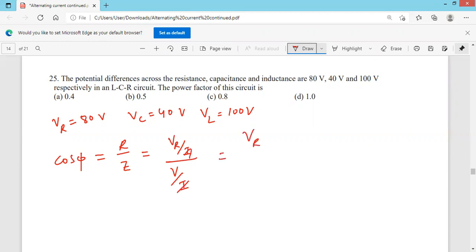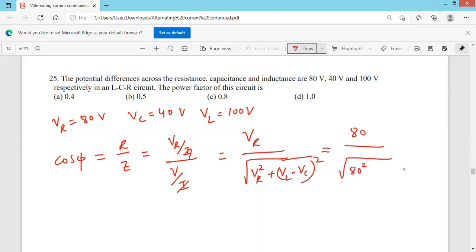It's VR divided by the source voltage, which is the square root of VR square plus VL minus VC whole square. If you substitute, VR is 80, so 80 divided by the square root of 80 square plus 100 minus 40 whole square.